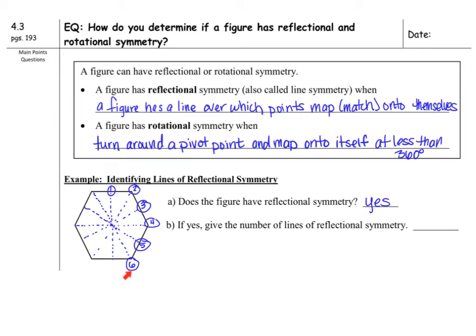And you know that this is the last one because then I start back here, and that was my first line of symmetry. So this hexagon does have reflectional symmetry, and the number of lines of reflectional symmetry are the number of lines that we can draw where we can fold the shape and it matches or maps onto itself. So this figure would have 6 lines of reflectional symmetry.